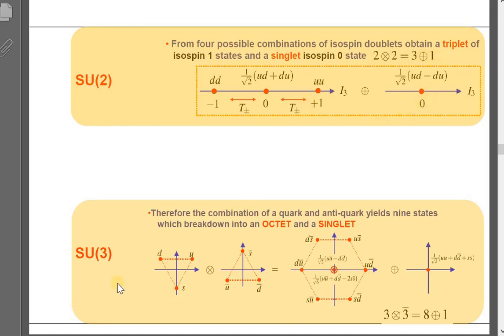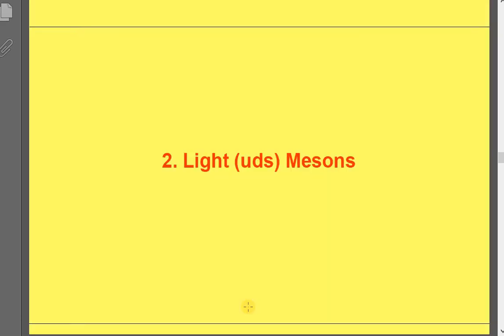In the case of SU3, which I will show today, we will write it as 3 cross 3 bar equal to 8 plus 1.